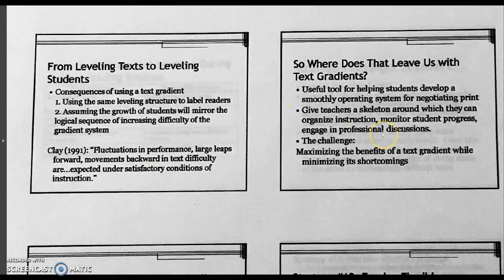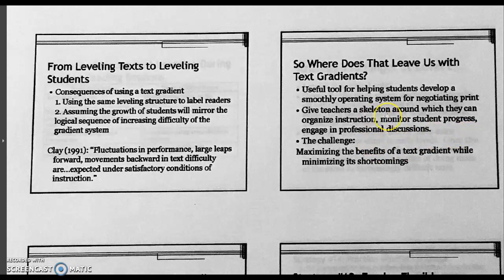So where does that leave us? Text gradients are a tool, and I've included several text gradients within your modules and in this class, but they are only a tool. They are not the be-all, end-all. They are not the only thing you consider when you are selecting text.